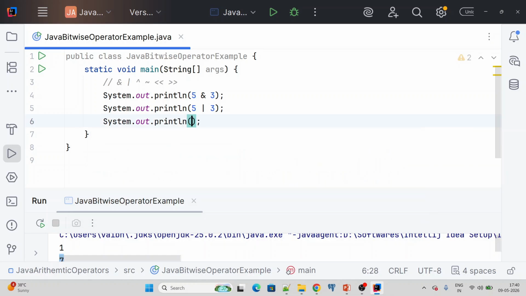So if we do 5 left shift operator 1, what does this mean? We need to do left shift by 1 digit for this number. So let's first see the output.